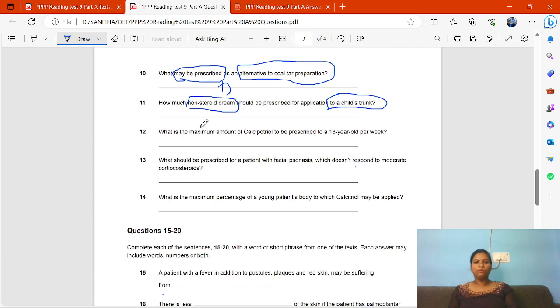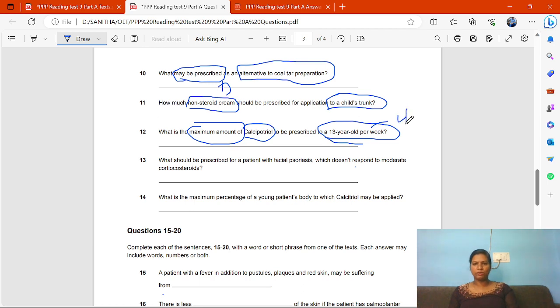What is the maximum amount of calcipotriol? This is also medication. We have to find the maximum calcipotriol to be prescribed for a 13-year-old per week. 13 years means children.